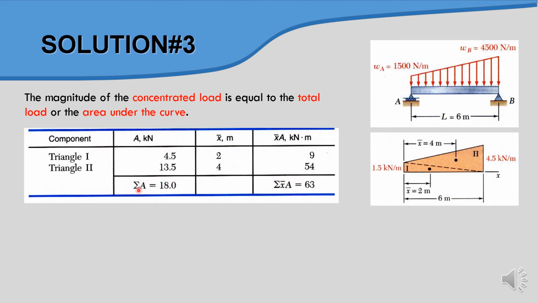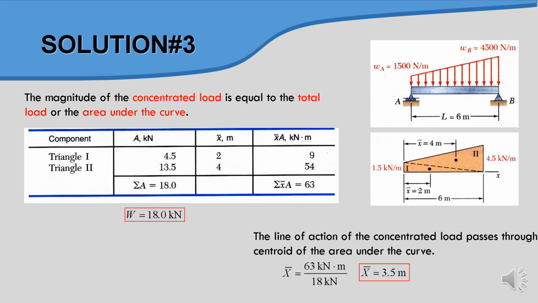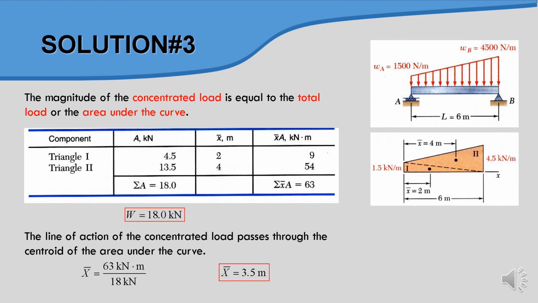Basically the whole area is 18, and in this application the total area is the concentrated load. So the concentrated load W is also 18. To get the x bar, we use the value of 63 divided by 18.